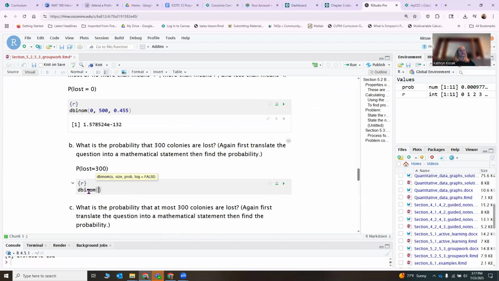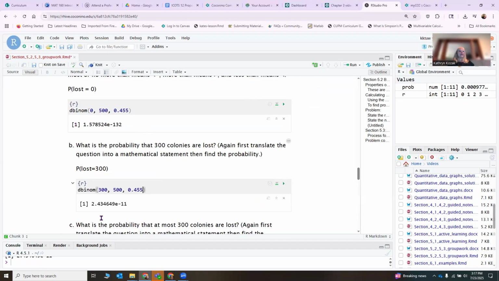And again, my size is 500, my x is 300 because that's what's in my parentheses, and my 0.455. So it's really unlikely that none were going to get lost. 300 is a little bit more than half, and it's still unlikely that you're going to lose 300, but it isn't as unlikely because this number is not nearly as small.